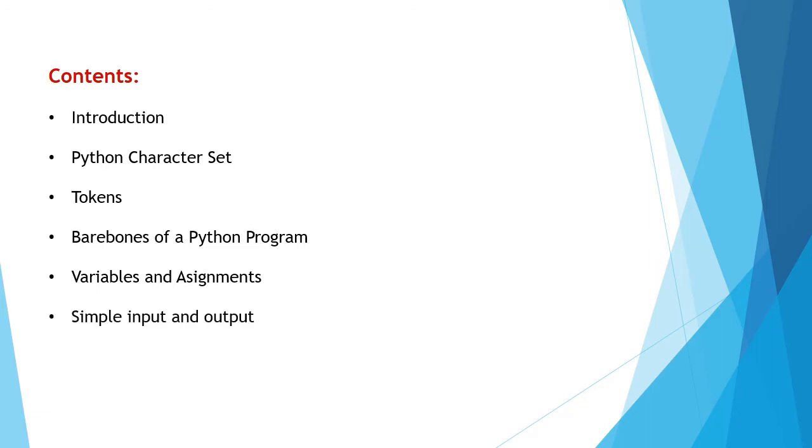Then we'll discuss simple input and output, where lines of input are given to the Python interpreter, which takes those instructions and produces an output. That output can be used further for the next lines of input. Because it is an interpreted mode, and you already know the difference between interpreter and compiler, we'll be using the interpreter of Python. Okay, now let's move further.